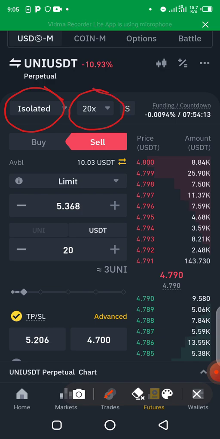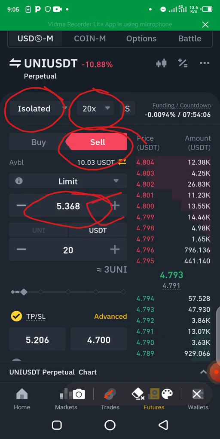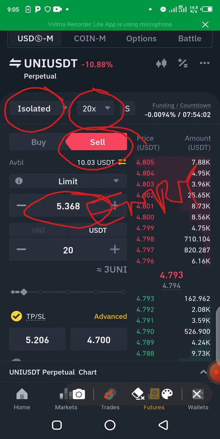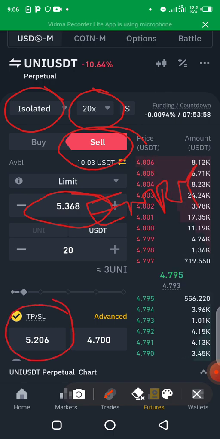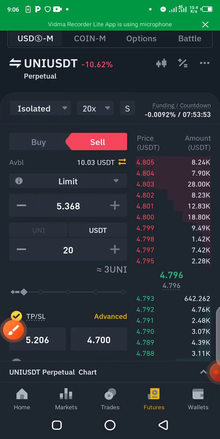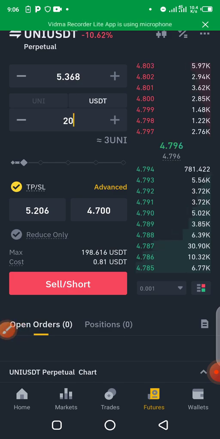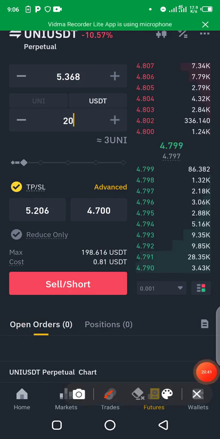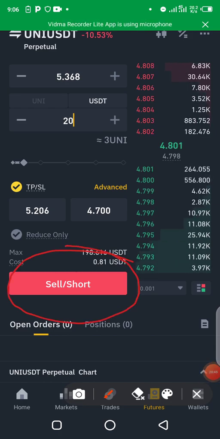I am shorting, and this is the entry price. This is my take profit, and this is my stop loss. You can see. Then that being done, you click on sell short, and the position will open.